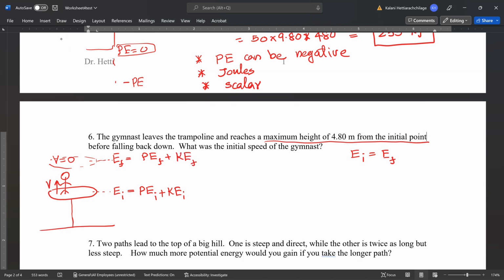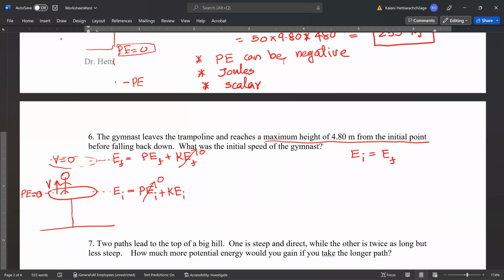So now as soon as you write this, you see that velocity at this point is 0, that means this is going to be 0, right? So now if you take this point, because potential energy 0 is your definition that you can label anywhere in the problem to make it simpler, right? If I make potential energy 0 at this point, that means this part is going to be 0, right?